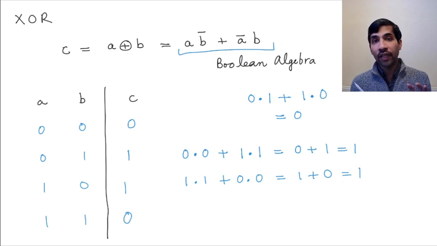So there are these two different ways of representing the function of a logic circuit, a digital circuit. We also call it a logic circuit. We'll take a look at a few more things in the next video so that we can start designing digital circuits.